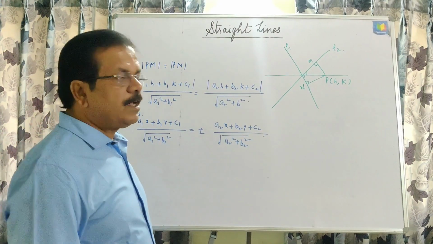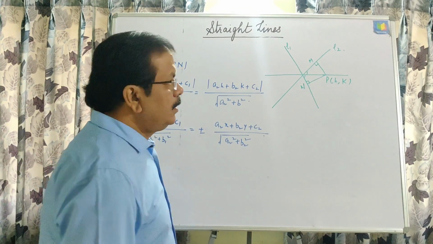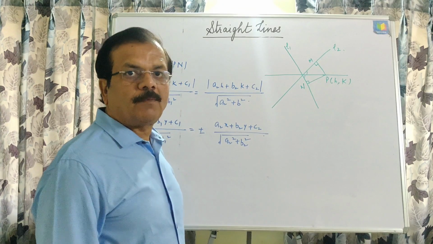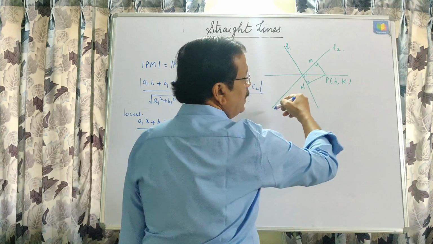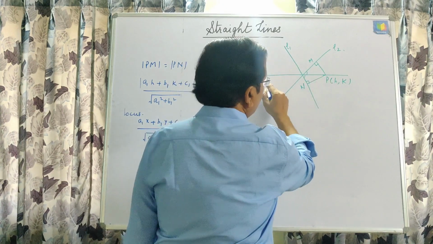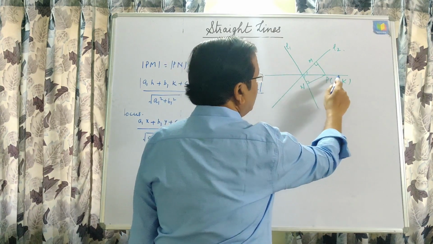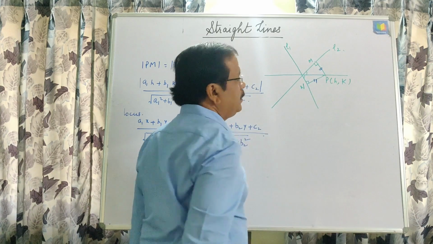Now in case of angular bisector, you already studied in class 10, that is the locus of a point which is equidistant from two fixed lines. You are given here two lines L1 and L2, and we have to find out this angular bisector. Means for being angular bisector, this distance should be equal to this.